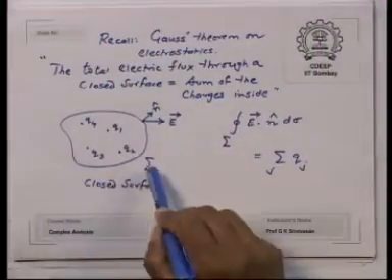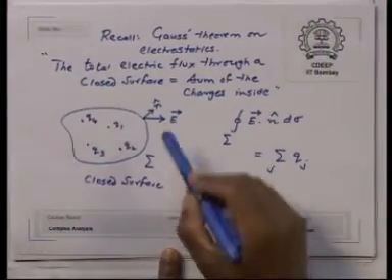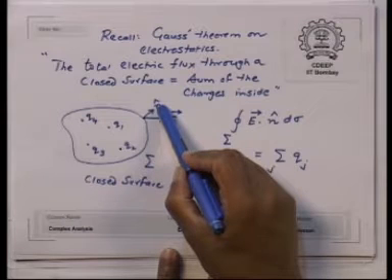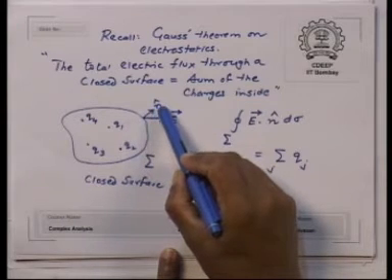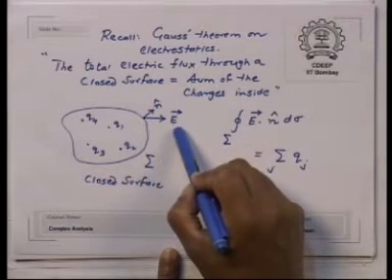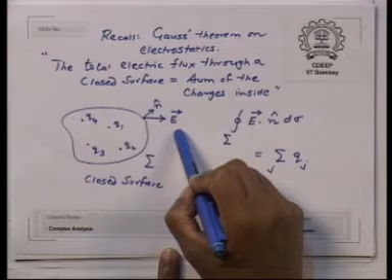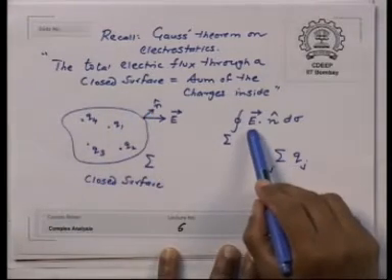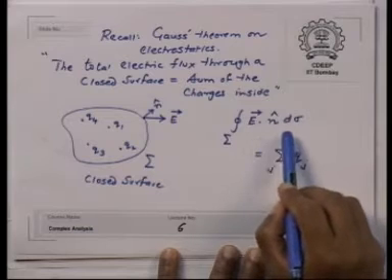Look at the picture. This is the surface sigma, and that is the outer normal vector. I have drawn the outer normal vector and the electric field vector is described. What is the flux of the electric field over the closed surface? It is E dot n d sigma.